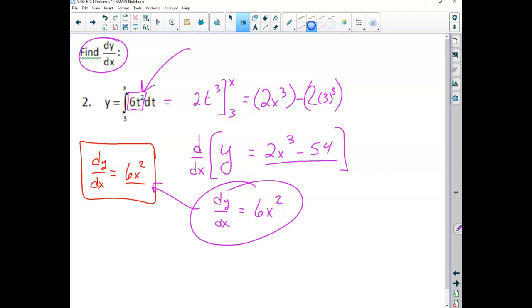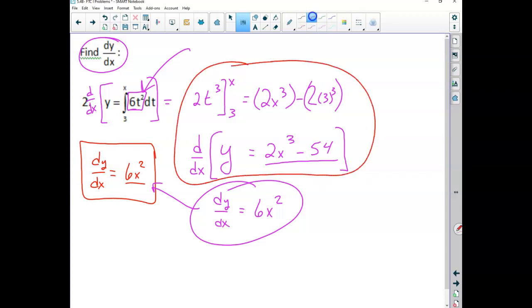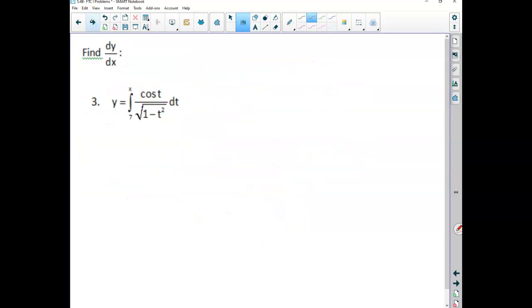Again, I want to be able to take the derivative right here. I don't want to have to go through that. Why don't I want to have to do it? Because I don't know how to find the antiderivative of that.